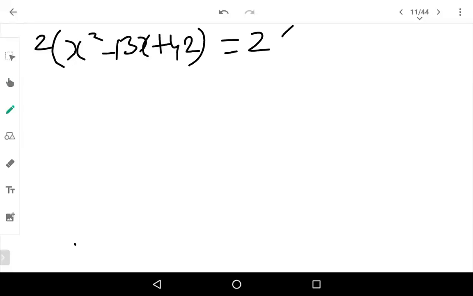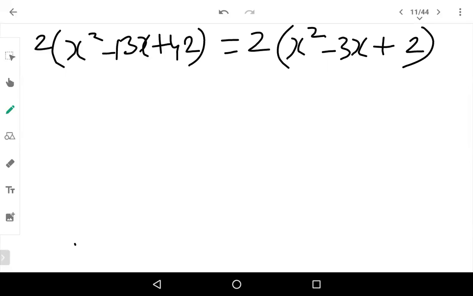Let us do it. So you have 2 into x square minus 13x plus 42 is equal to 2 into x square minus 3x plus 2. This is what we get.